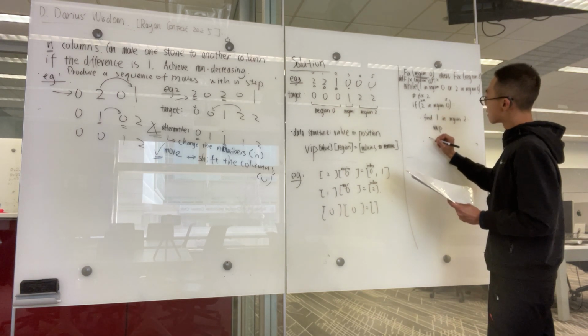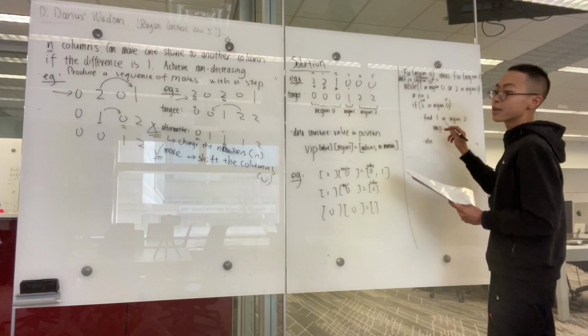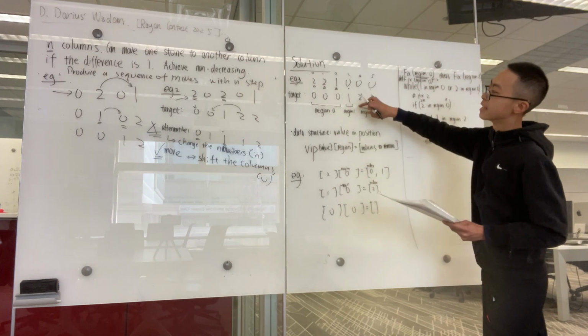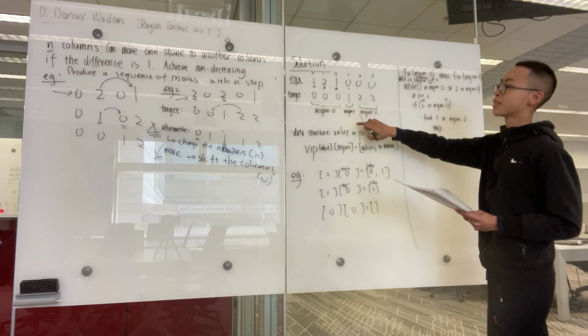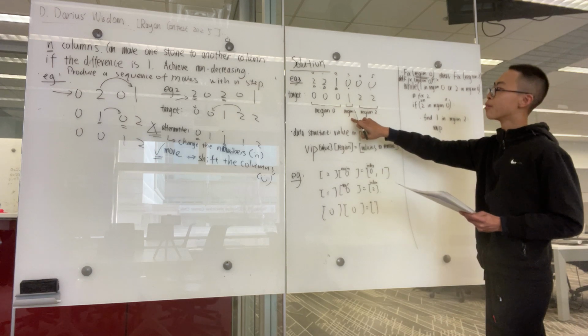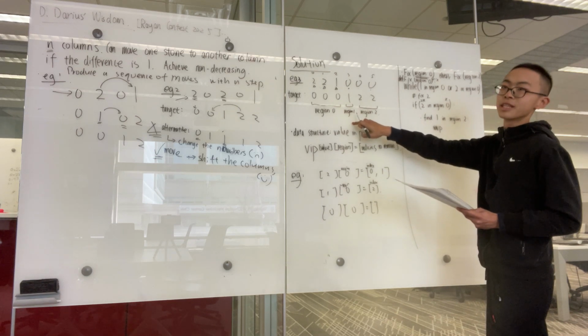Next, else, if we didn't find the 1 in the last region, we will just take the little worst choice to find a 1 in the middle region.